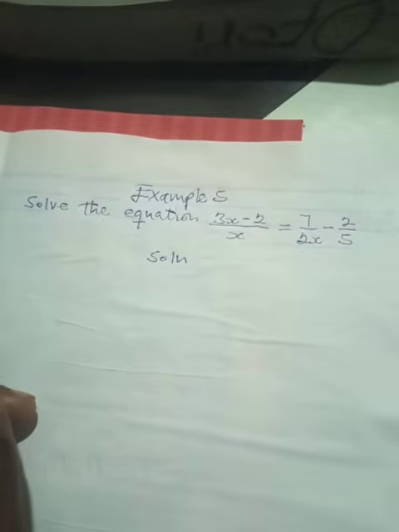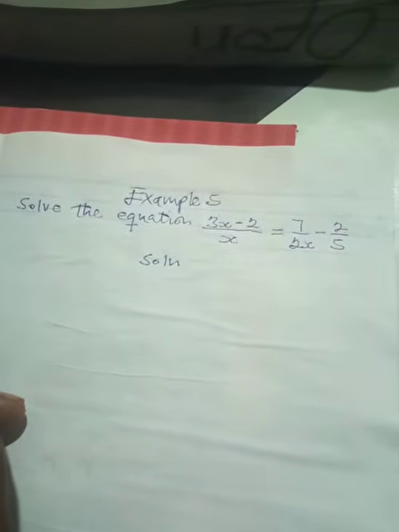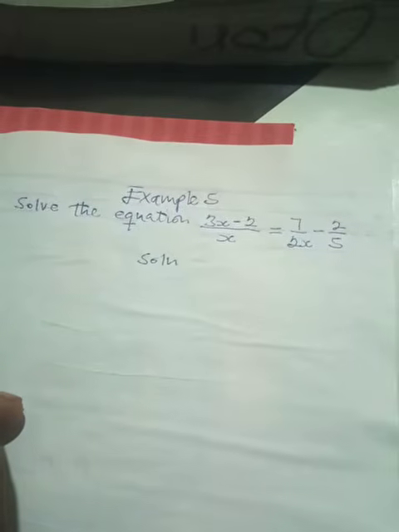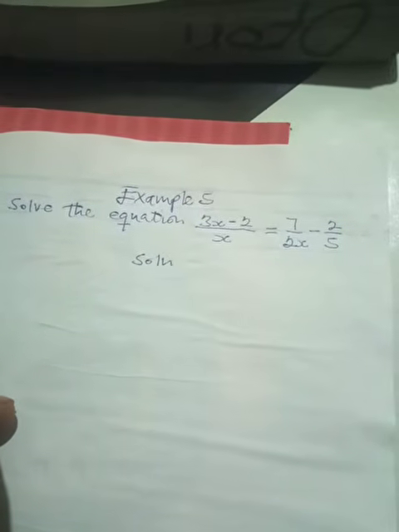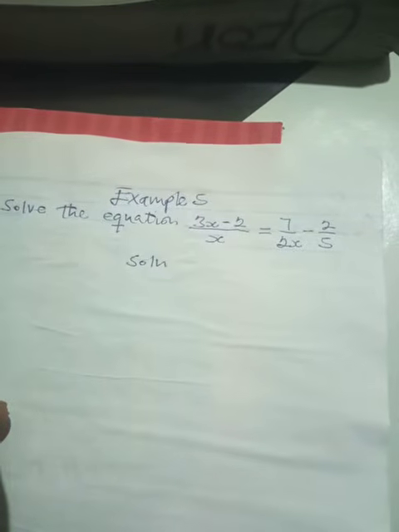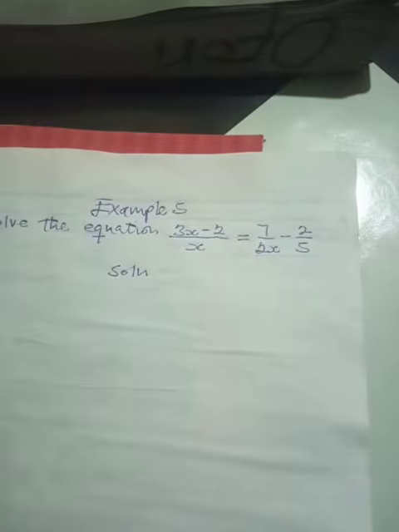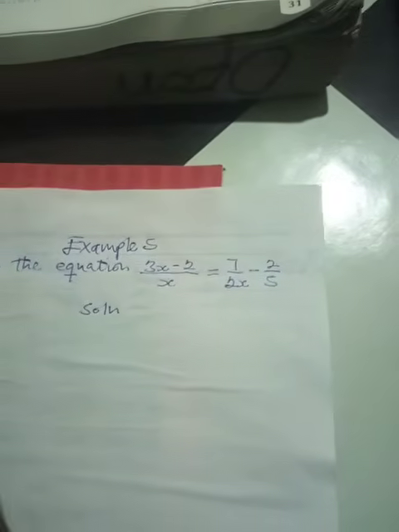What do you think will be the LCM of the denominators x, 2x, and 5? The LCM is 10x.